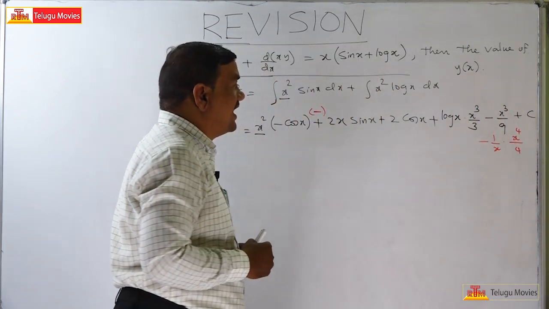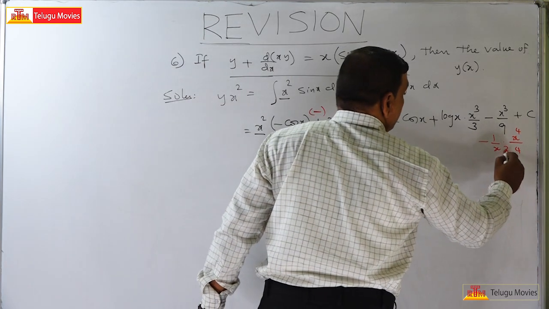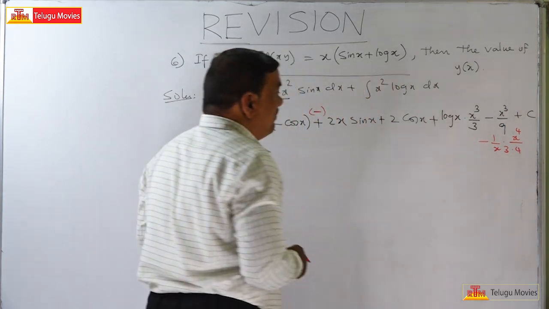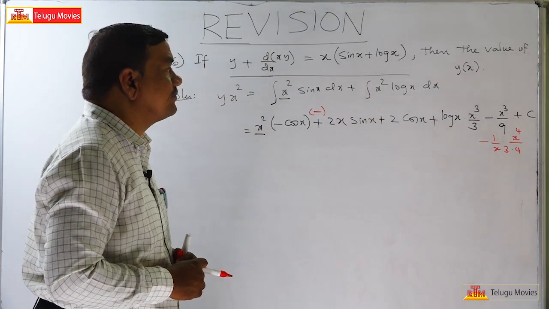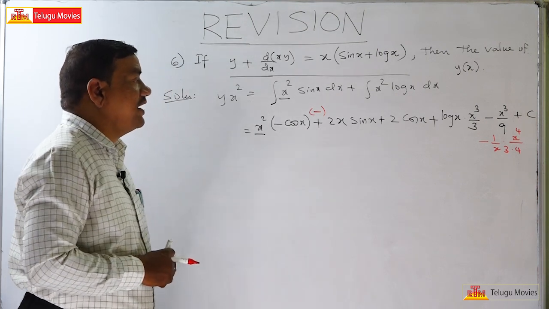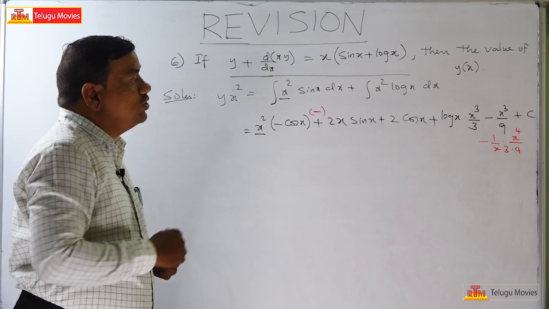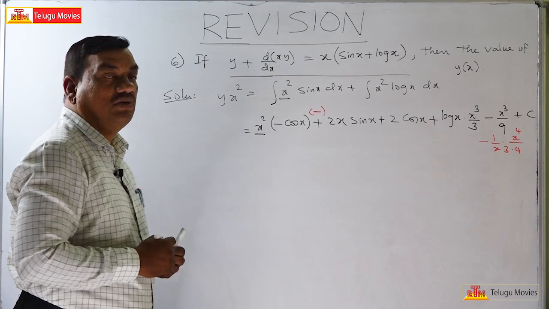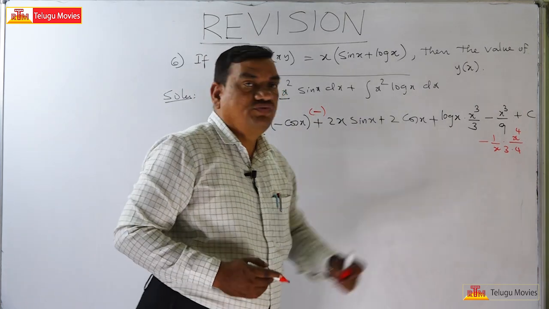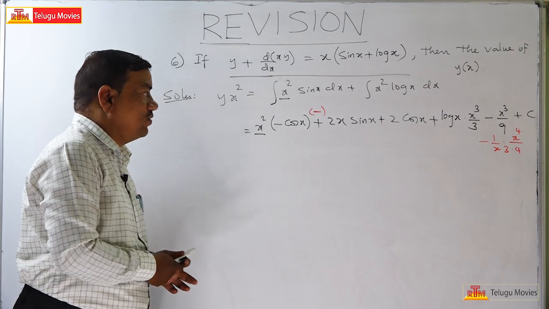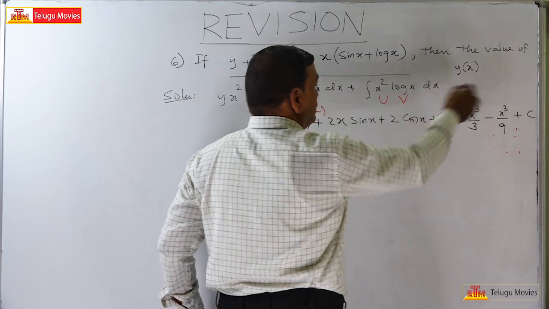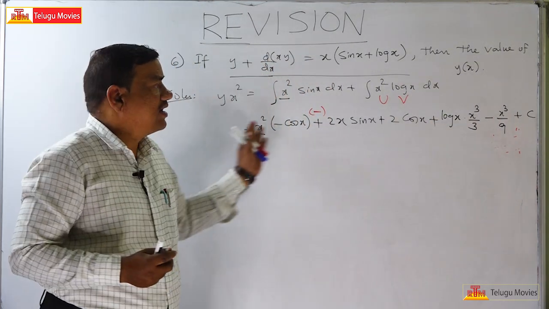So you will get, already 3 is there, log x derivative 1 by x, x to the power of 4 by 3. Integral, that x will get cancelled, you will get minus x cube by 3. Understand this? Otherwise you can use the u into v formula, the by parts formula. If you simplify that, you will get the final answer.